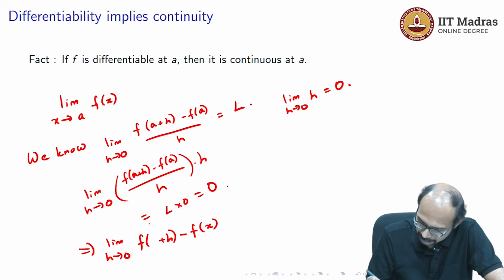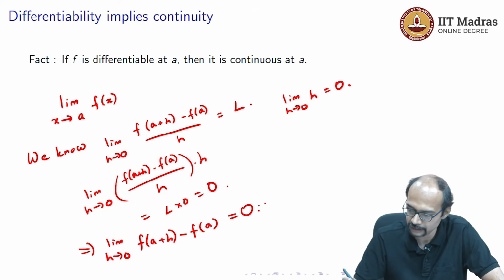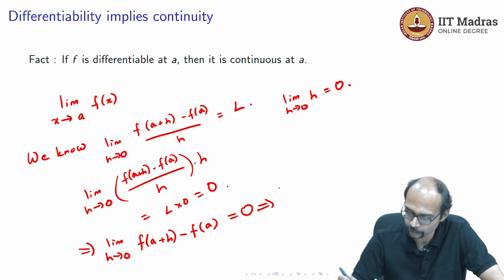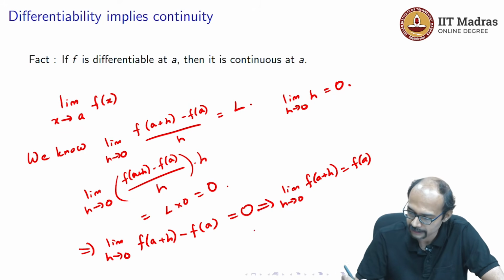My bad: f of a plus h minus f of a. So, this is 0, and now the term minus f of a is constant, so you can add the function f of a to this. If you do that, you will get that the limit as h tends to 0 of f of a plus h is equal to f of a.